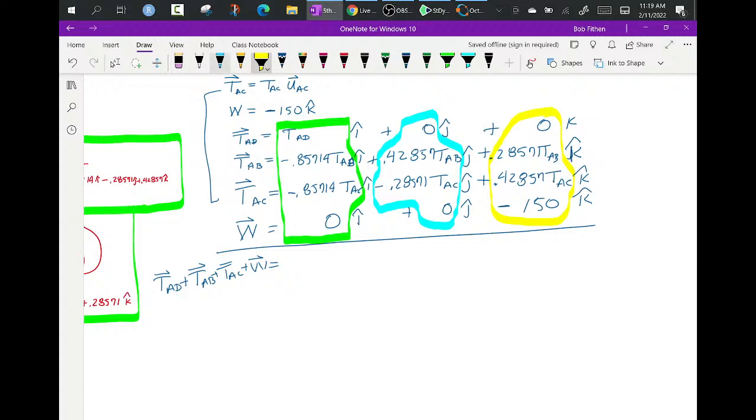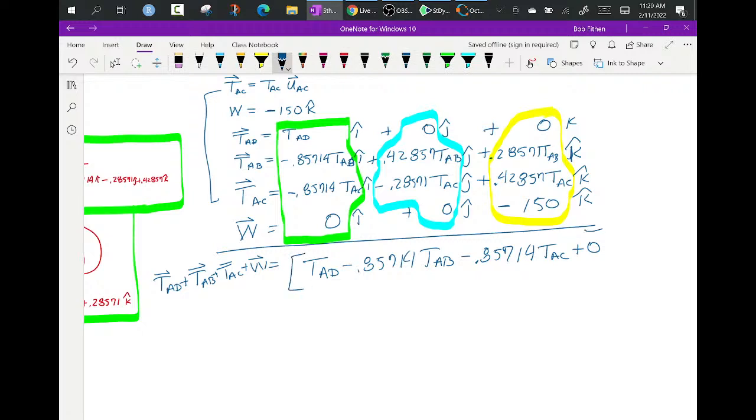So if I were to go ahead and do that, what I would get is TAD minus 0.85714 TAB minus 0.85714 TAC plus 0 is equal to, well, plus 0I.